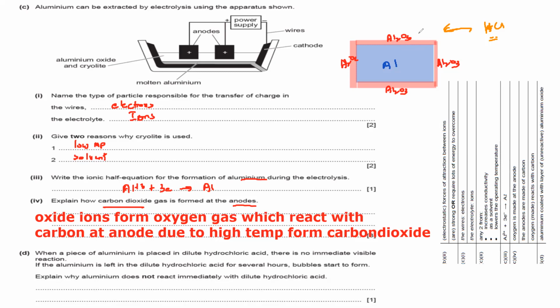Once the acid has reacted with the oxide layer and the oxide layer is removed, then the acid can react with the metal. So in the beginning, the reaction is slower because of the protective oxide layer on the aluminium. Is it clear? Discussion about extraction of aluminium.